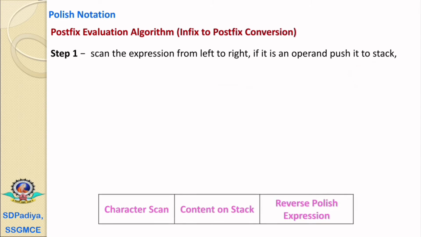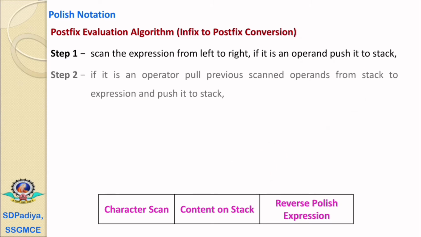In this conversion we have to make a table with three different columns. The first is for the character scan, the second is for the stack, that is the content of the stack, and the third column is for the final result expression, that is the reverse Polish expression, because we have to convert infix to postfix. If it is an operand, then we have to write it down on the stack.